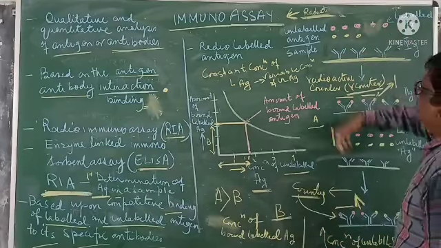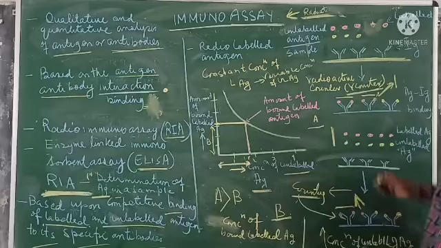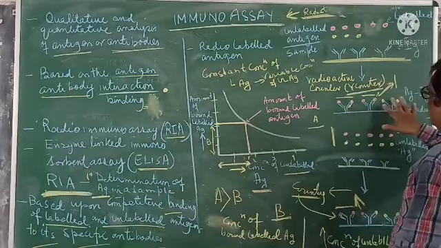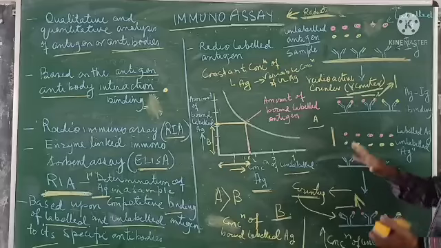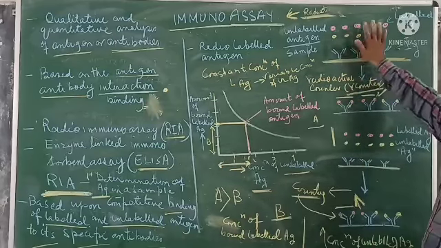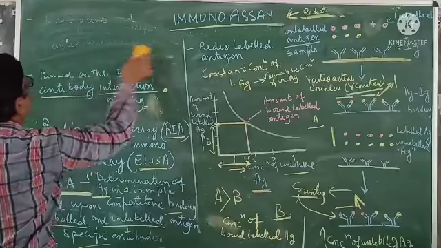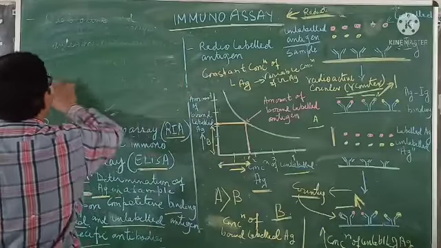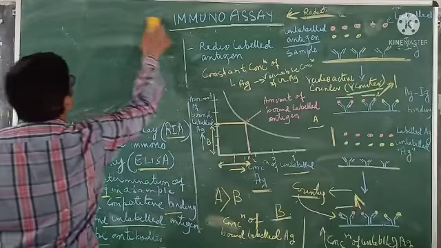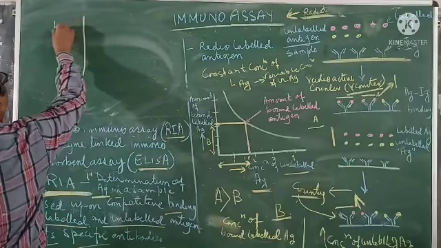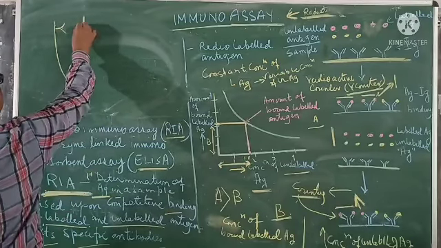We add both of them. Okay, mixed with each other, they will bind. The whole solution will be kept for some time. Okay, here we can say that you take a test tube. These are the bound antigen.